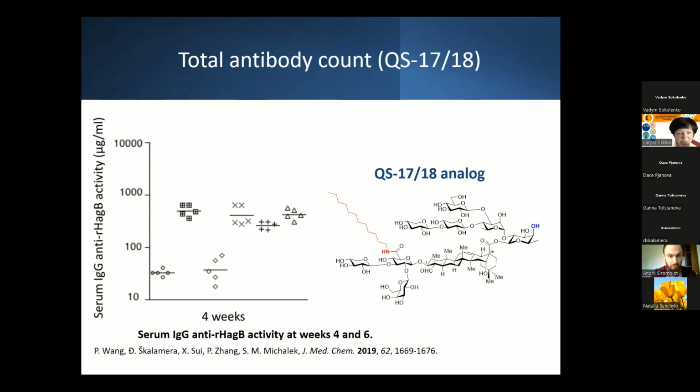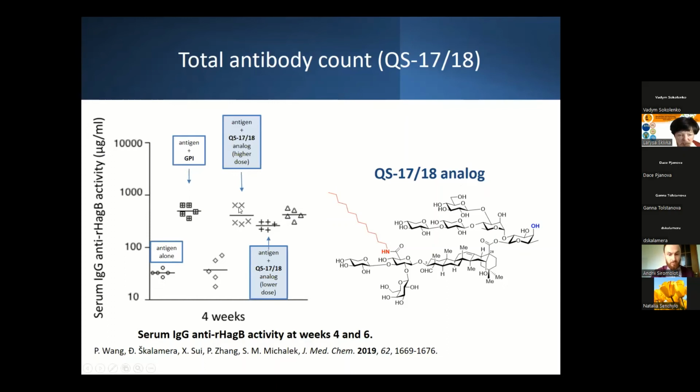Here we have the results for our QS1718 analog. Antigen alone, without an adjuvant, produces a very weak immune response, as you can see here on this graph. GPI produces quite a strong immune response, much higher antibody count, and our compound is here, in higher dose and in lower dose.